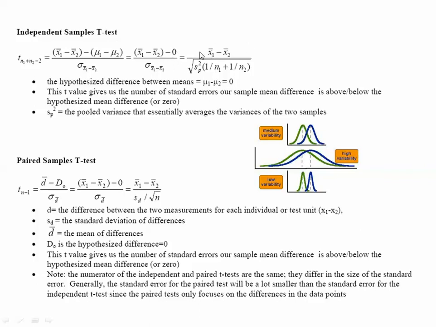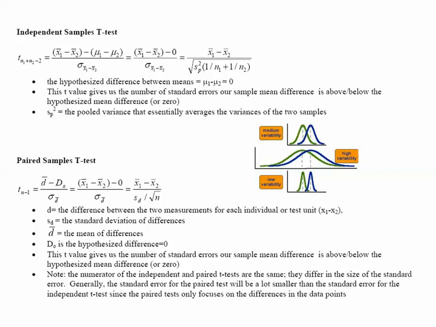So the t-statistic is really measuring, is the mean of the first sample minus the mean of the second sample equal to 0, or is it not equal to 0? We divide by what's called the pooled variance. Now this is essentially the average of the variance of the 2 samples. And we'll discuss in more detail how we handle the pooled variance based on how much difference in the variation of the 2 samples.